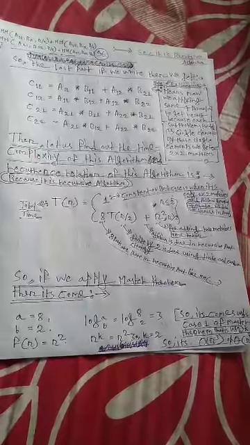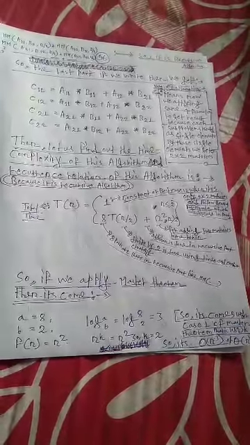We can say a is equal to 8, b is equal to 2, and the function f(n) is equal to n square. So log a base b is equal to log 8 base 2 is equal to 3, and n to the power k is equal to n square, so k is equal to 2.